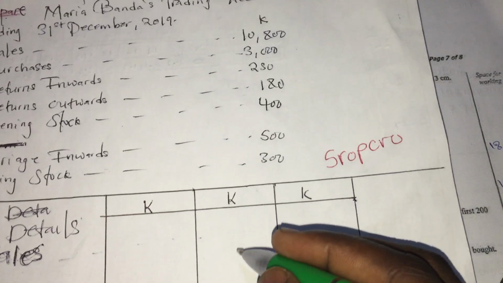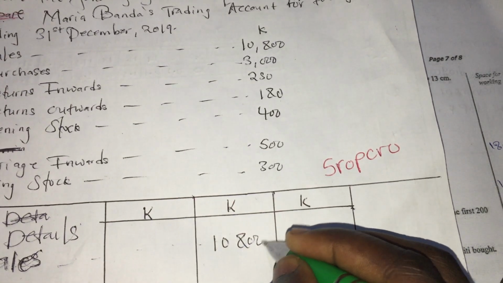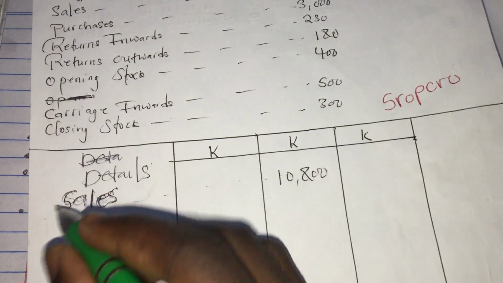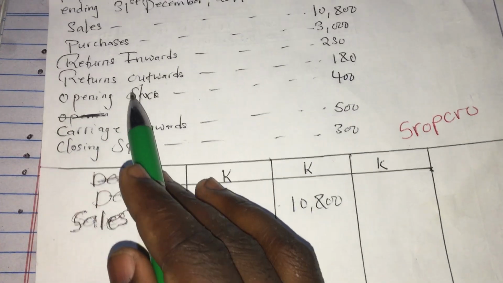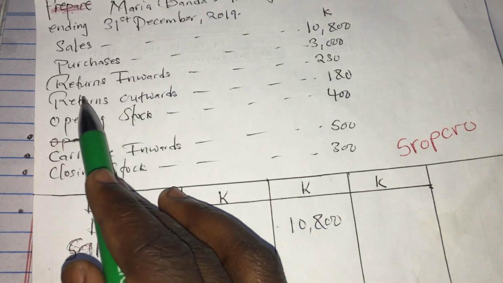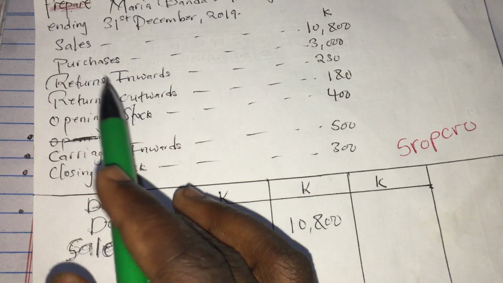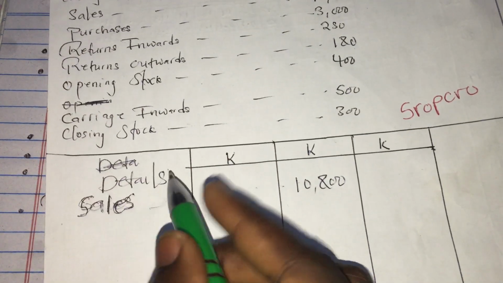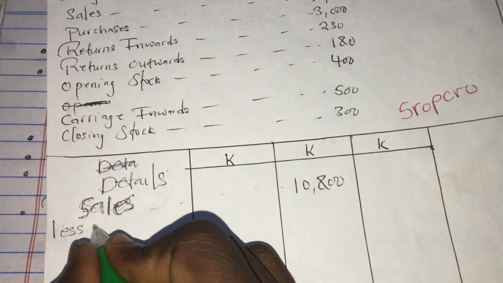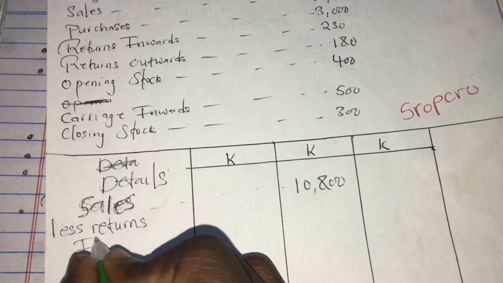We are going to write the amount here, 10,800, like this. Then returns inwards. So now listen, whenever you're handling a trading account, or rather a trading profit and loss account, whenever you hear the word returns, it means we'll be subtracting. So here we are going to write at first less. Less simply means we are subtracting. So we are going to write less returns inwards.